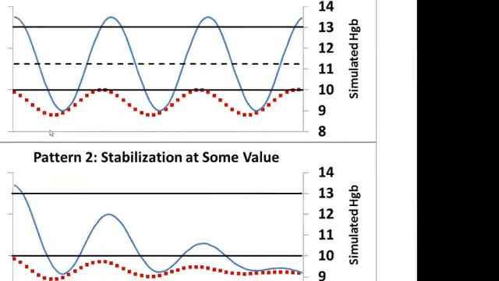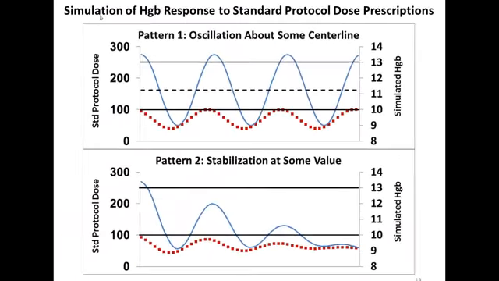In order to test this model, what we did is we simulated how using the standard protocol would influence hemoglobin levels in the patient. Here we have the same chart. Here's the dose on the left, then the hemoglobin level on the right, the target levels, and this dotted line is the center line of the simulated hemoglobin values. This is the simulated result that would actually be obtained if the protocol were followed.